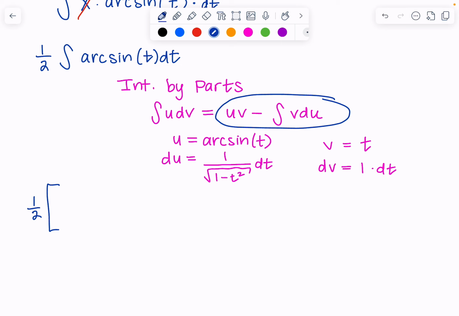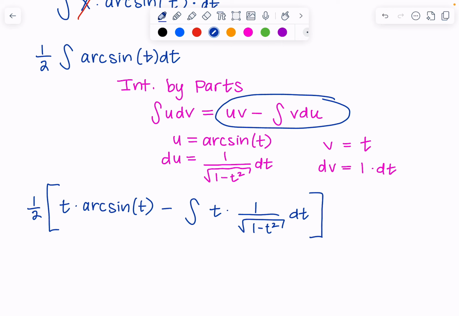And for that, our uv would be, I'm going to put the v first, which is going to be t times the arcsine of t minus the integral of v du. So notice here my v is t times du is 1 over the square root of 1 minus t squared dt. And I'm going to close my bracket.